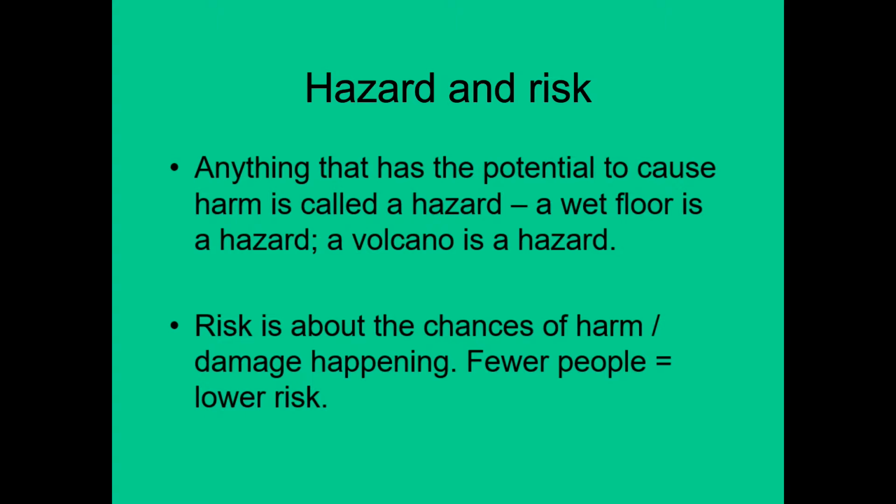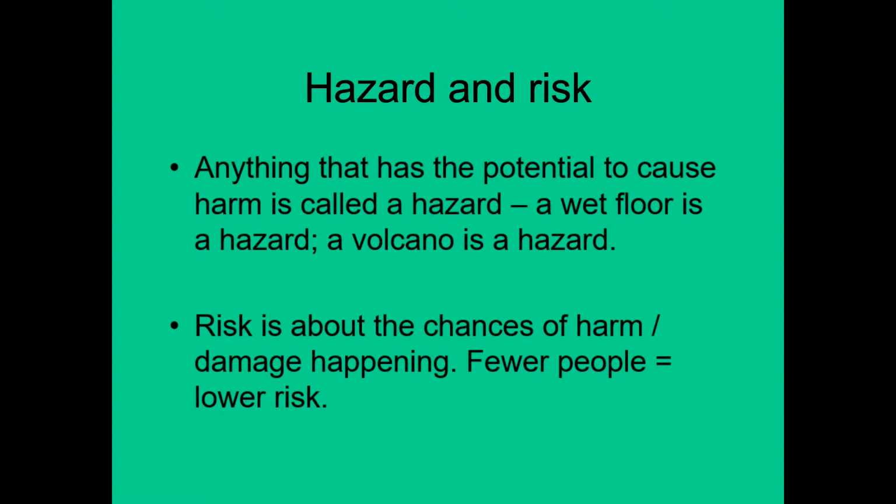Okay, so the easiest way to think about risk, let's take the example of geography field trips. If I was to take 17 people on a field trip, that's lower risk than if I took 50 because there are fewer people to be potentially harmed on that field trip.